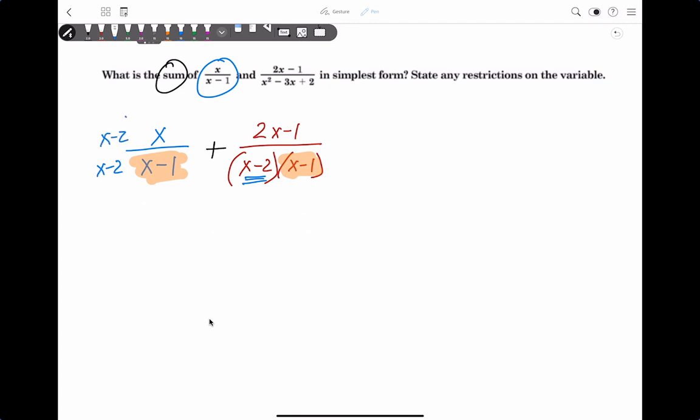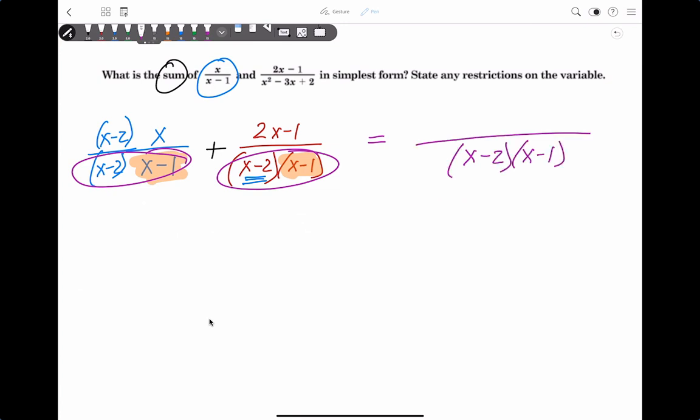Can't just do it on the bottom. I have to do it on the bottom and the top because that's a form of 1. And again, I'm not canceling right here. I'm creating it so that I can have common denominators. Okay? So now my common denominator between both of these fractions is x minus 2 and x minus 1. That's my common denominator. Okay?